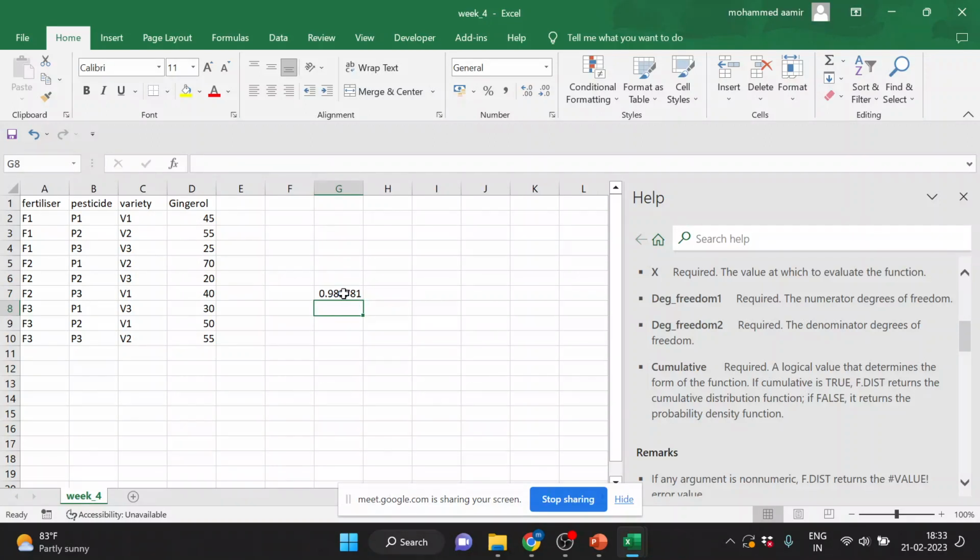Yeah, it's giving me 0.982. I think Excel sort of has a problem. No, no, actually, I think we have to use some other function in Excel.